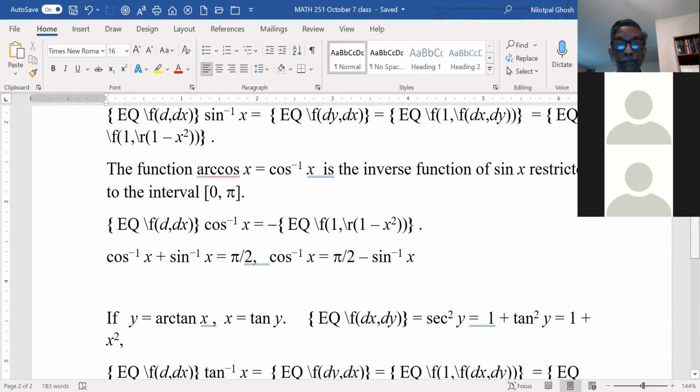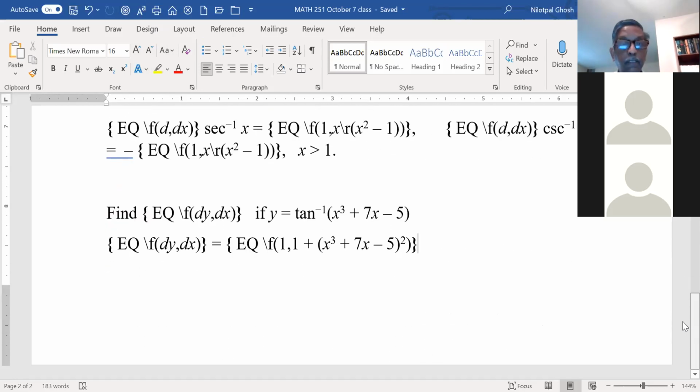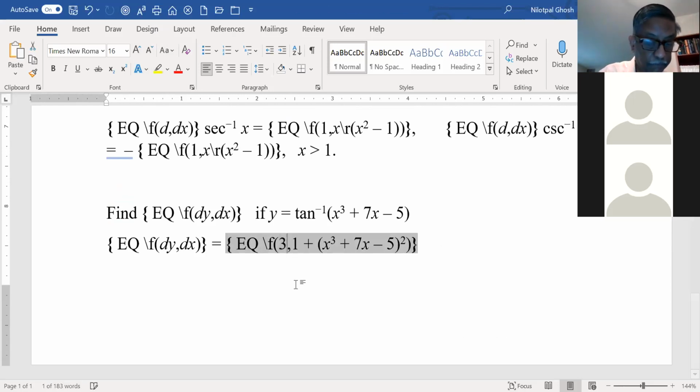So on the numerator, we are going to put 3x squared plus 7.